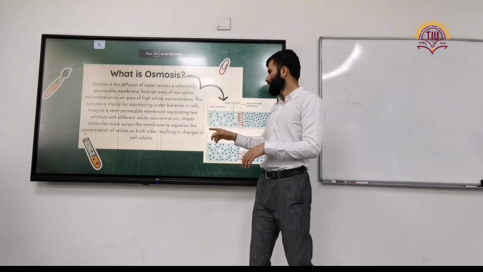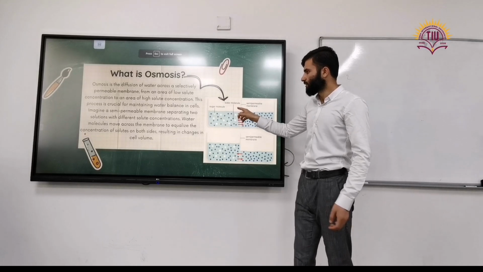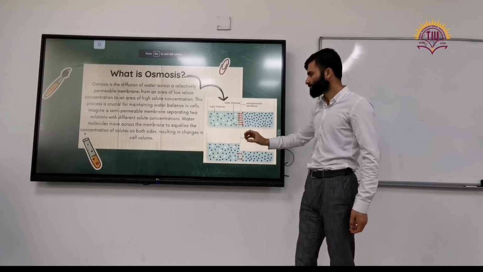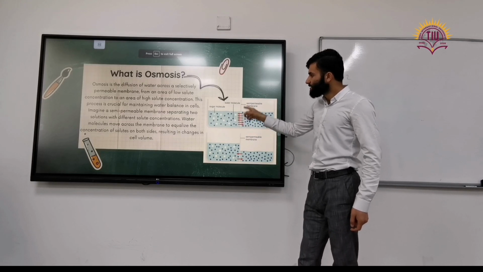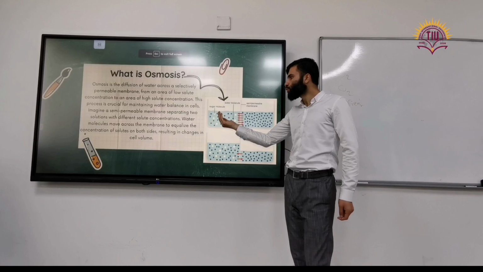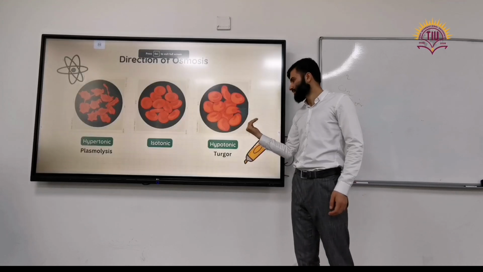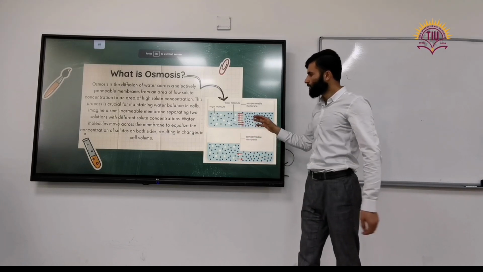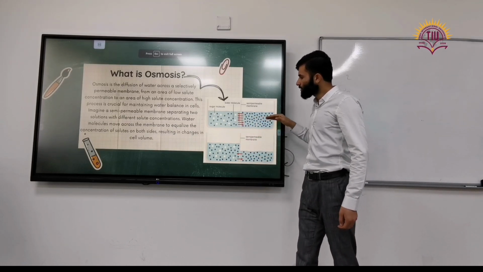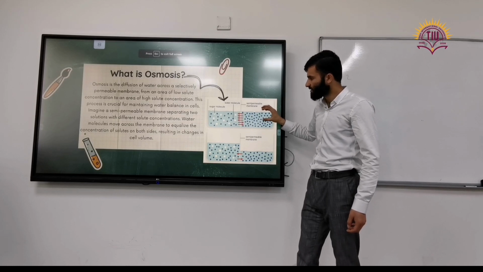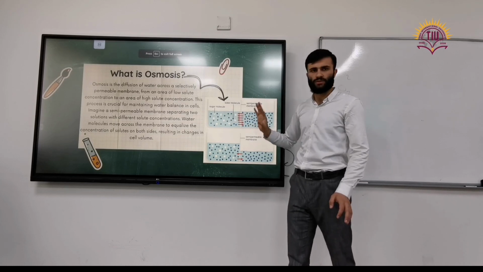Did you get it? This is an example. Water molecules in here and sugar molecules, which is solute. In this semipermeable membrane, the sugar molecule can't pass through this membrane, so the water molecule can go from high concentration of water to low concentration of water.